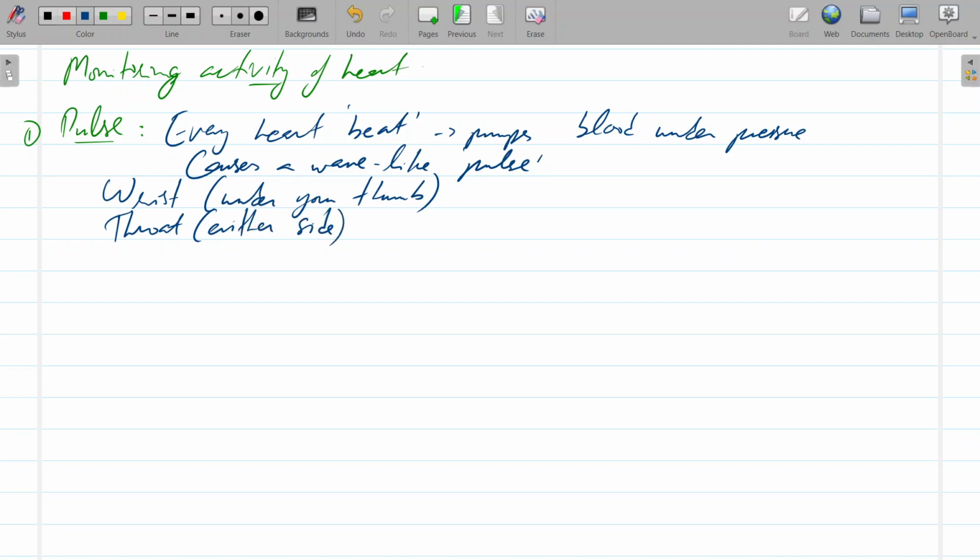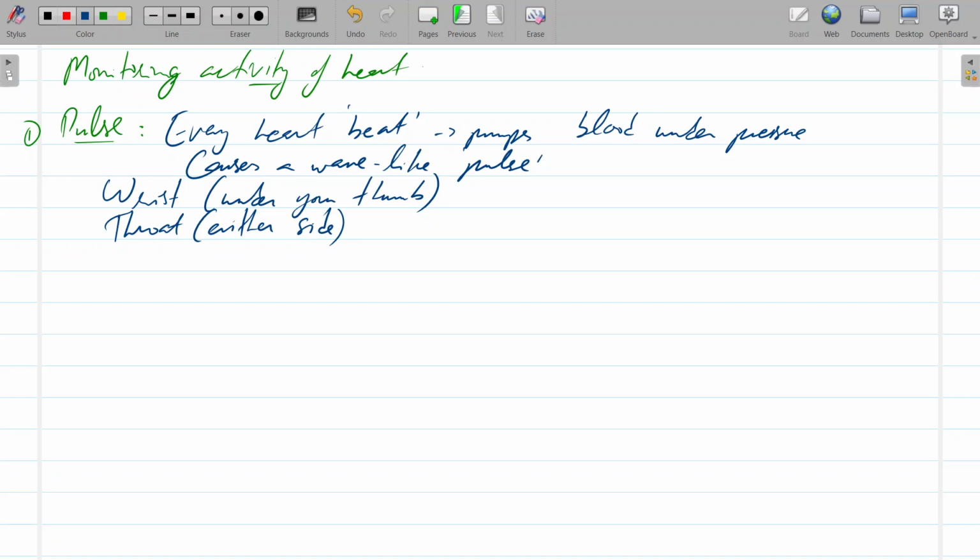If you place your fingers over there, you may need to press in a bit on your throat, a bit to the side of the center, and you'll feel a pulse. And so those are arteries that are close, and you can use them to measure your pulse.